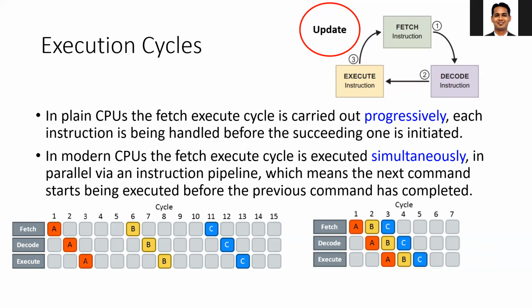This is done via instruction pipeline stages. You can have a 3-stage, 5-stage, 9-stage or 11-stage pipeline, which means that when you are executing one instruction, you are decoding the next instruction and fetching the next-to-next instruction. All three phases happen simultaneously, and this improves the performance of your processor.